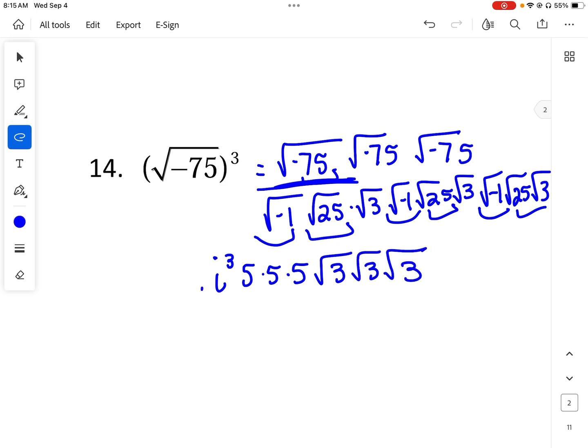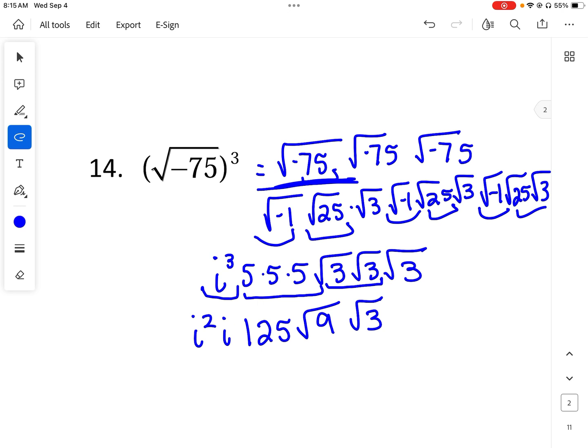Okay, so with this, I do have an i squared in there. So remember, I have an i squared, an i, and then 5 times 5 times 5 is 125. And then I could change this to square root of 9, and the reason I did that is because 9 is a perfect square.